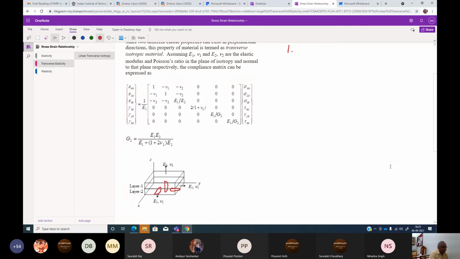Now, what will happen is if you test it in the laboratory, you will see maybe in the X and Y directions here, the property may be the same. It may not be, okay, but still we can assume this is the isotropy axis.